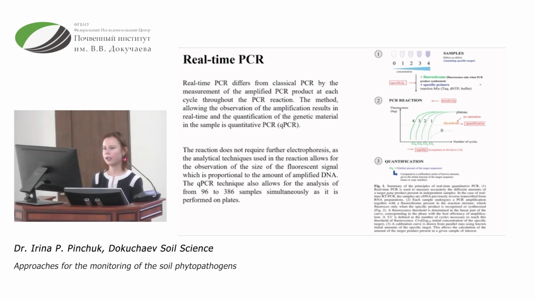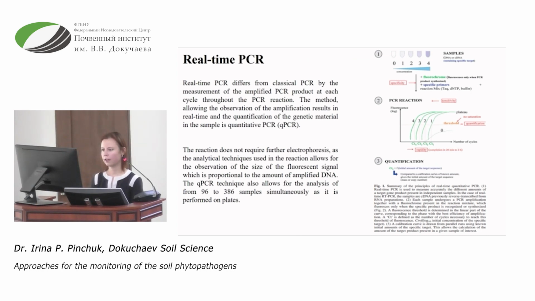So we can use the method real-time PCR, which is also polymerase chain reaction, but with the difference that we can directly calculate how many DNA copies are in our samples.